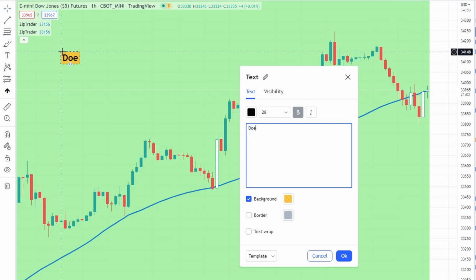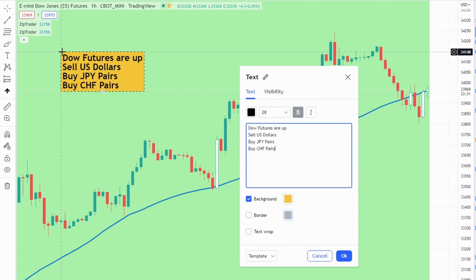So if Dow futures are up, I will be looking to sell US dollars and buy yen pairs and buy Swiss pairs. So, for example, I'll be looking to sell the US dollar and buy euro, or buy yen pairs like euro yen, Aussie Swiss, Kiwi Swiss, for example. Basically, risk on trades.